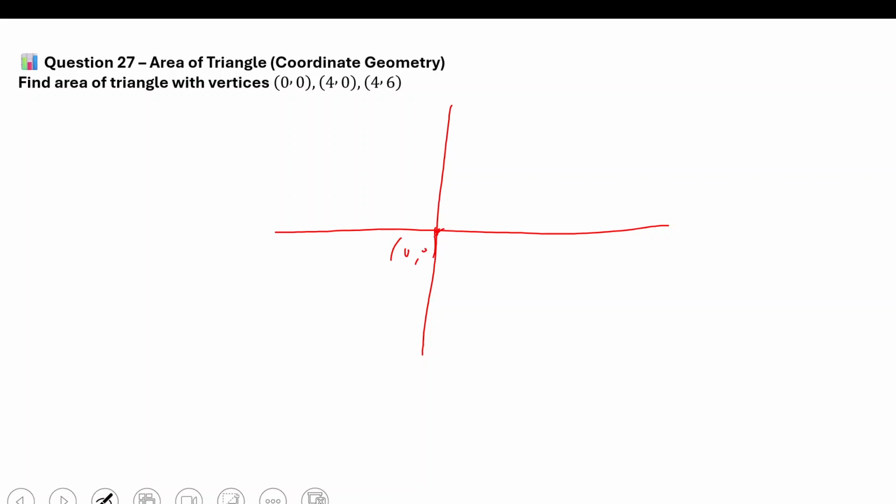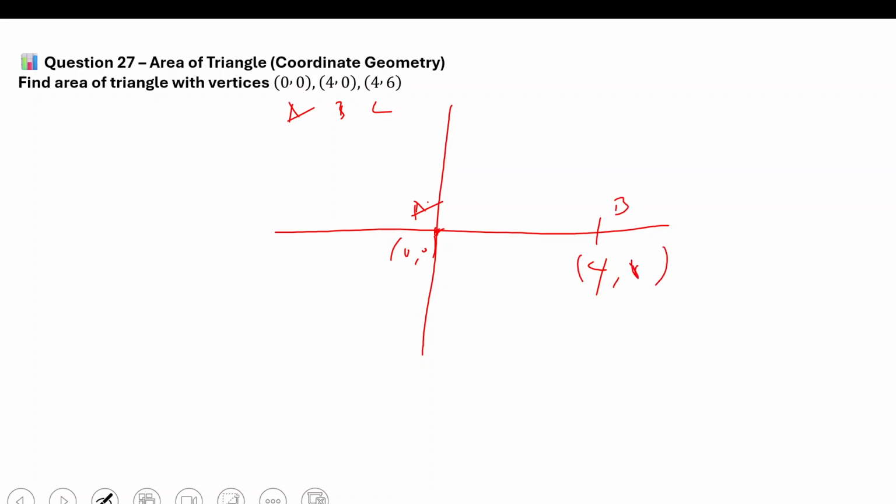This dot here, let me call this dot A. So I'm calling these A, B and C. For B, it's 4, 0. So the x is 4, along the x I have a 4, along the y I have a 0, so it's still resting on that line.